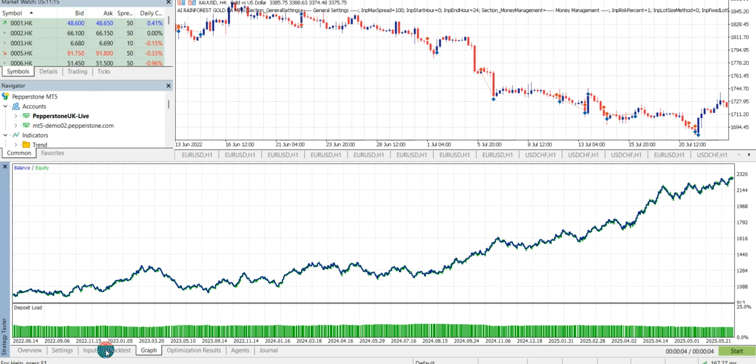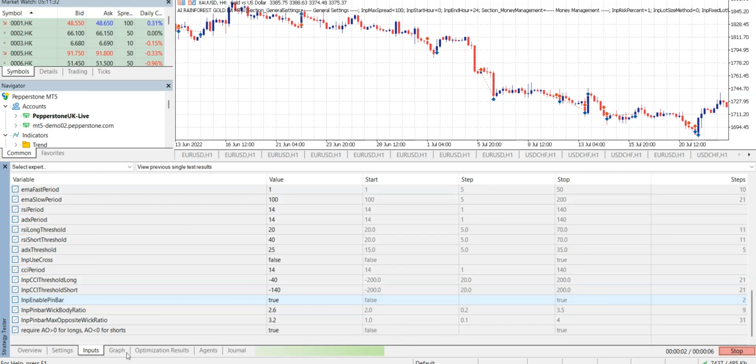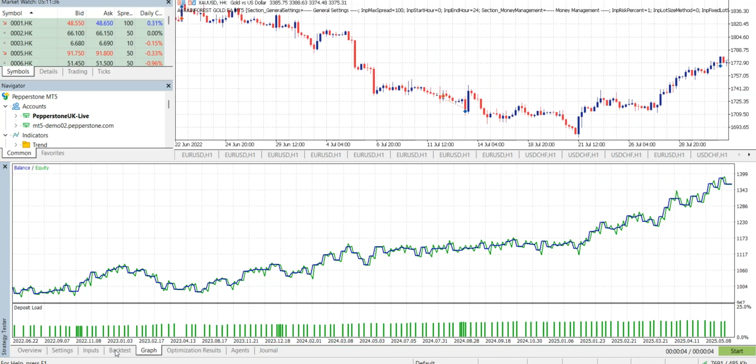Very interesting. Now what I also want to do is run it with the awesome oscillator and the pin bar. Now this pin bar is at this moment not something that I would actually use, but in the future it is going to be very, very useful.